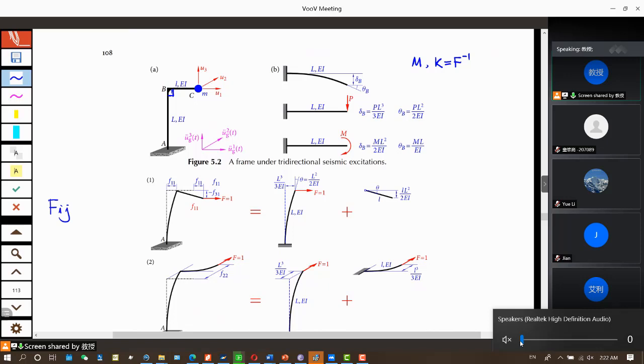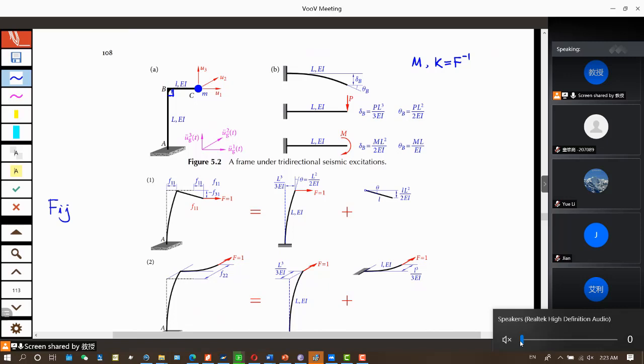So you apply a unit load in J, and we find the displacement in I.